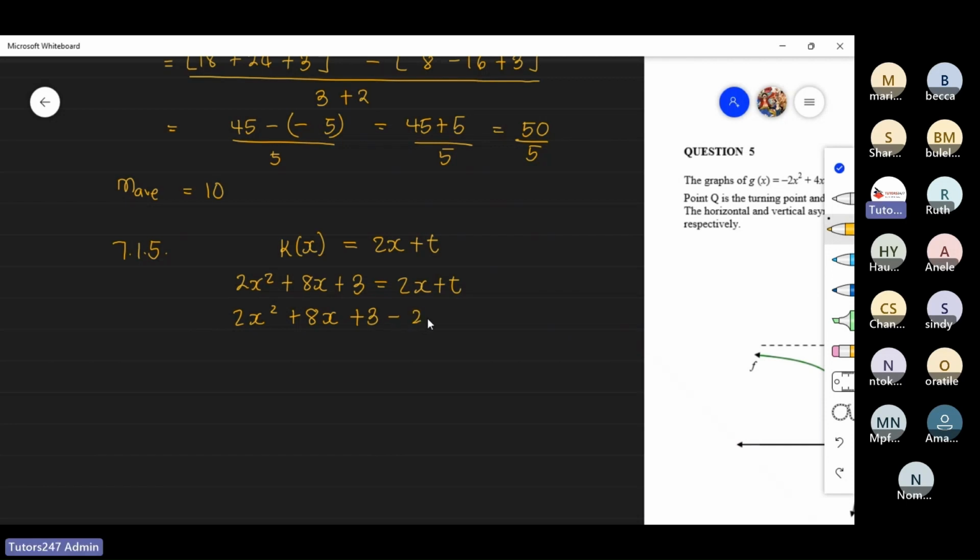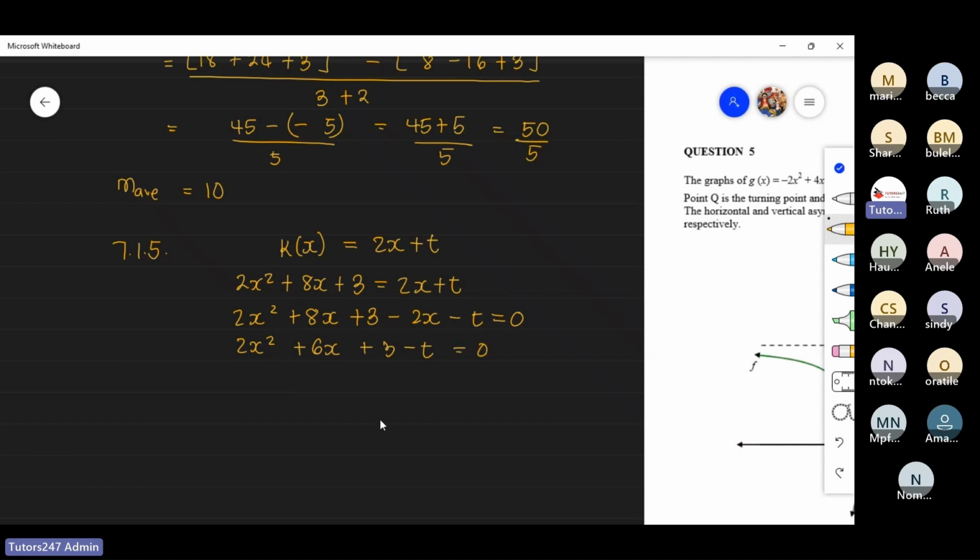So it's going to become minus 2x minus t equals 0. From here, we can add up our like terms, giving us 2x squared plus 6x plus 3 minus t equals 0.